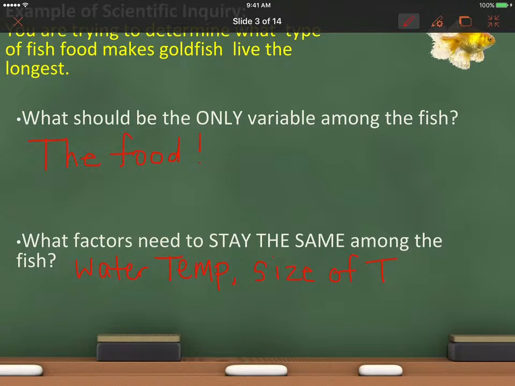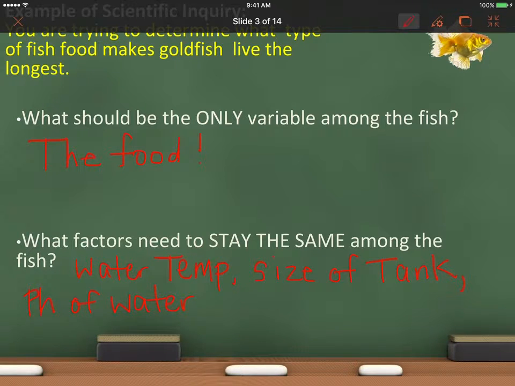We don't want too small of a tank or too large of a tank. Also, what about the pH of the water? We want the most ideal conditions for the goldfish.